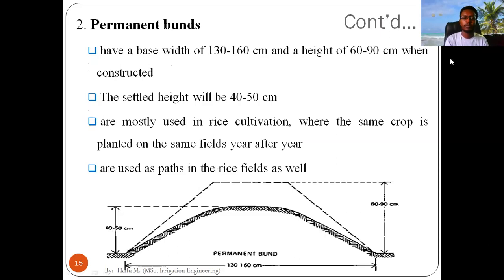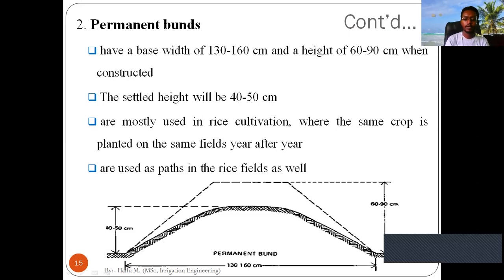When we come to permanent bands, they have a base width of 130 to 116 centimeters and a height of 60 to 90 centimeters when constructed. The settled height will be 40 to 15 centimeters, and these bands are mostly used in rice cultivation, where the same crop is planted on the same fields year after year.